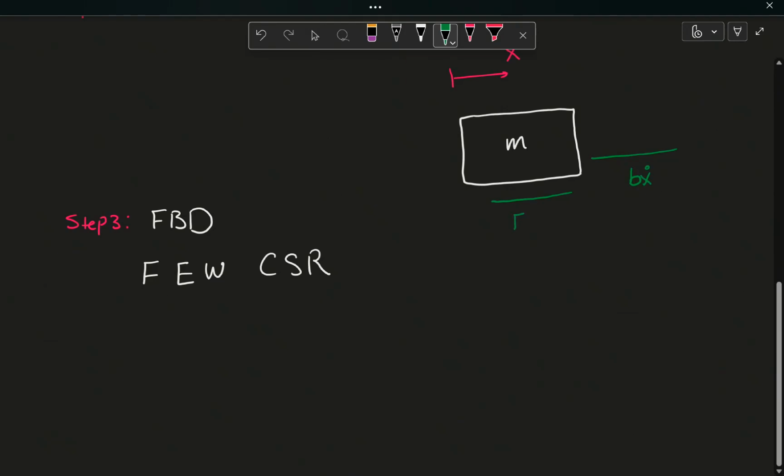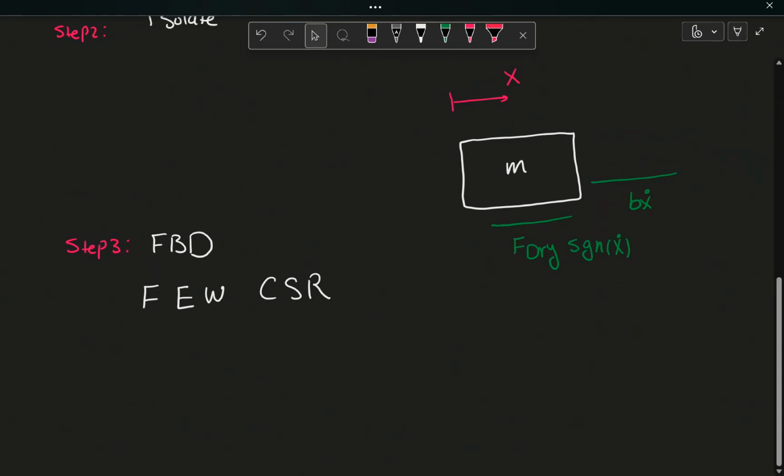The magnitude of F dry is a constant. However, in order to incorporate the direction, I'm going to multiply this by the sign function of x dot. Now let's figure out the direction. If you assume that the box is going to the right, the direction of both of these is going to be opposite the velocity, which is going to the left.